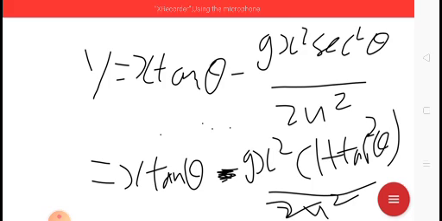In comparing this way, you may be able to directly get the mark. For example, they give you 2 tangent theta minus a constant multiplied by 1 plus tangent squared theta, and they ask you to find the x. You can compare directly and find the x directly. If not, then you need to derive from the beginning, and you will take a lot of time.